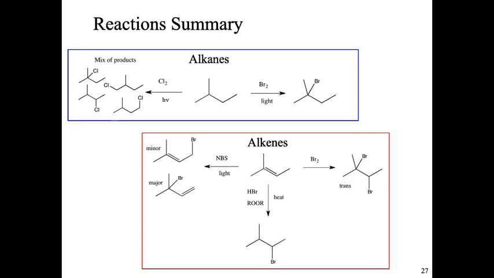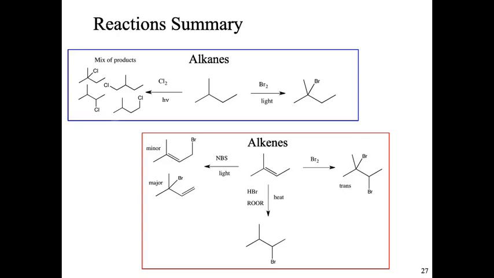All of those products form. That's a giant mess. When I run a reaction, do I want a whole bunch of different things to happen or one thing to happen? One thing. Chlorine is not synthetically useful. The textbook will go through and explain why chlorine and bromine are different. You might be able to address that right now. What is the difference between bromine and chlorine?